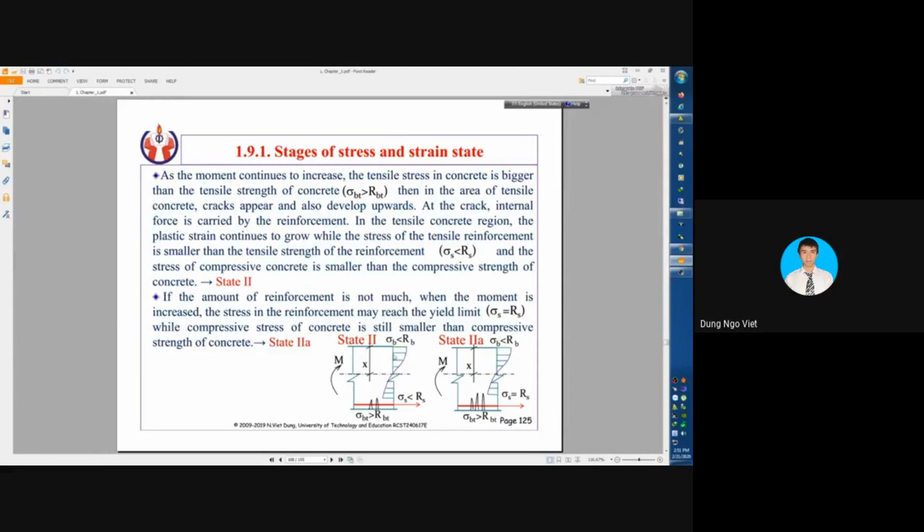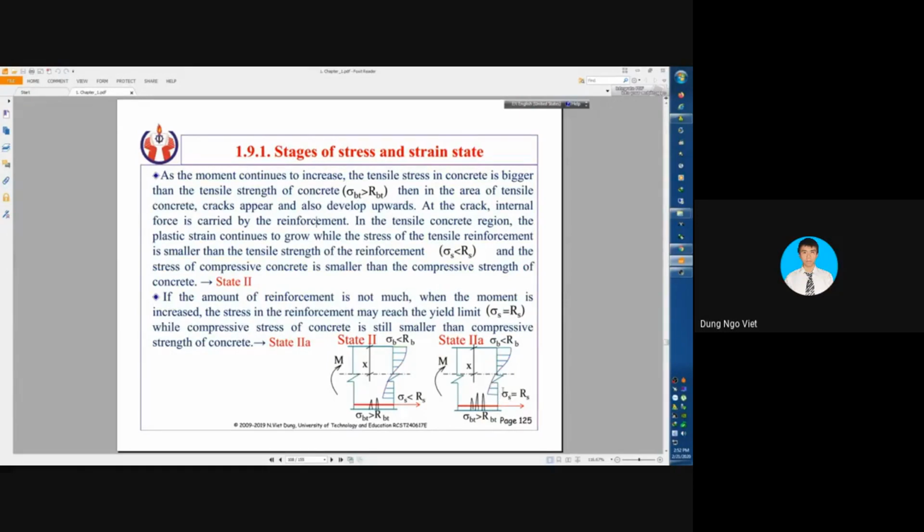From this state 2, if we increase the moment, based on the amount of reinforcement, whether it's not much or much, we divide it into 2 branches. The first branch: if the amount of reinforcement is not much, when the moment is increased, the stress in the reinforcement may reach the yield limit.